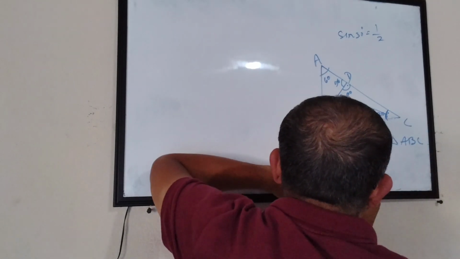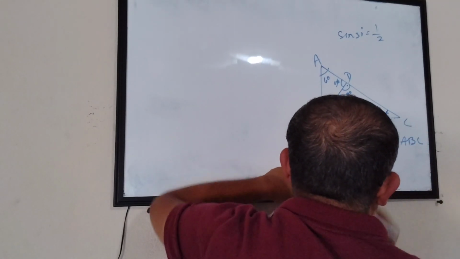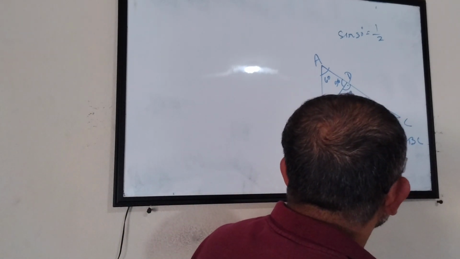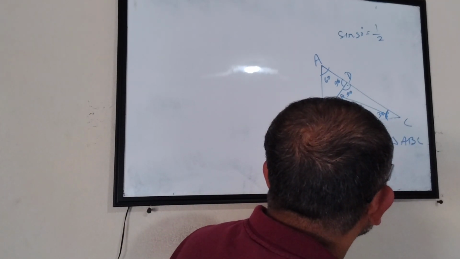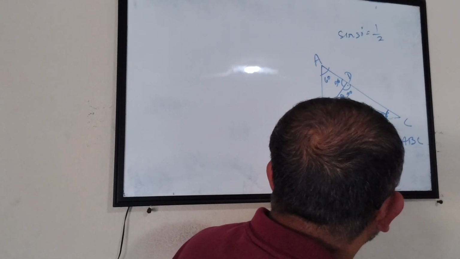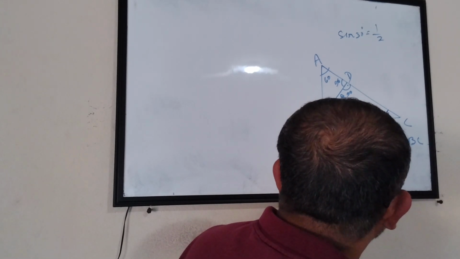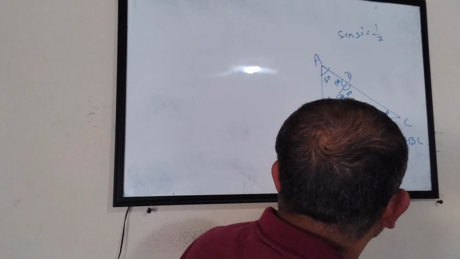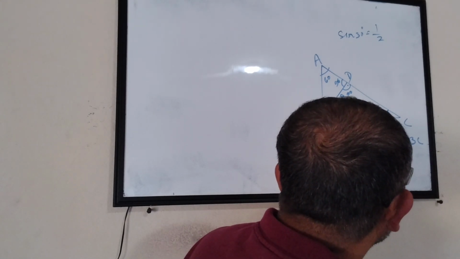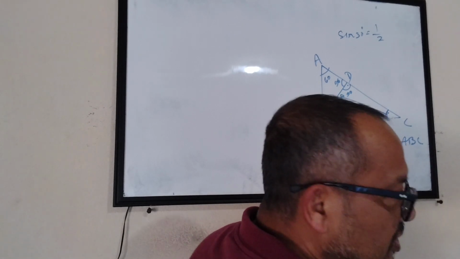So BD divided by AB equals, what I will prove here. I'm just thinking. This will just prove the Pythagorean theorem, which is not going to give me the value of 30 degree.